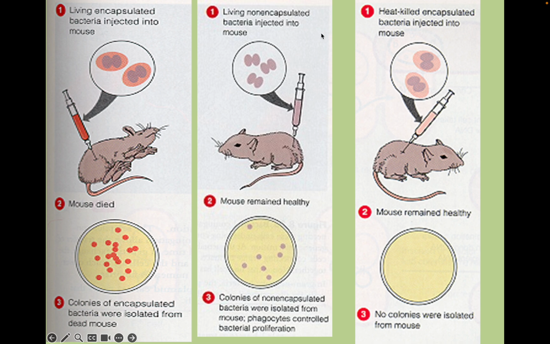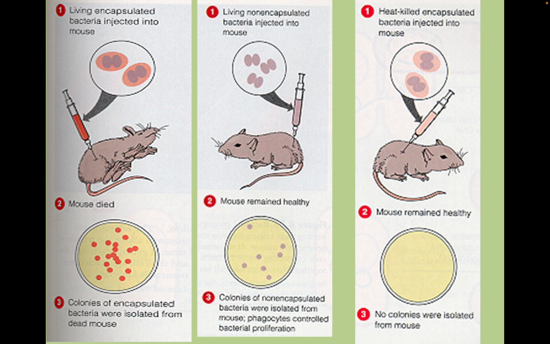Next, he takes living non-encapsulated bacteria and injects it into a healthy mouse. The mouse remained healthy. He cultured bacteria from the healthy mouse, and colonies of non-encapsulated bacteria were isolated from the mouse. Phagocytes had controlled bacterial proliferation.